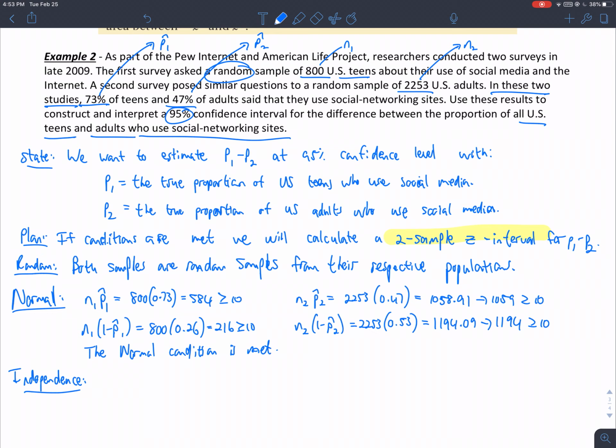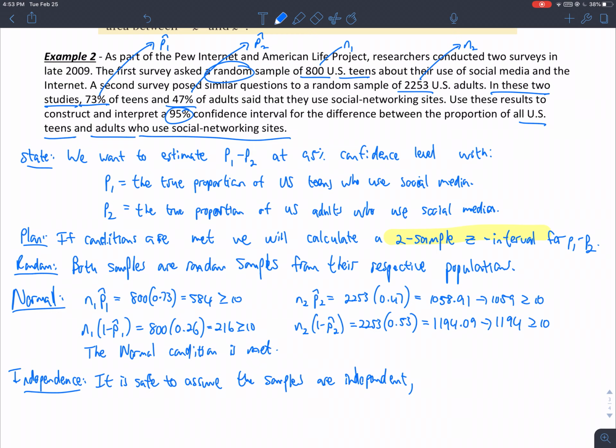Do I have any reason to believe that those two samples are interfering with each other or somehow not independent of each other? Hard to imagine that. So we can just say something like it is safe to assume the samples are independent of each other.